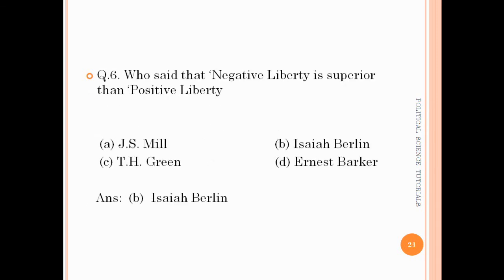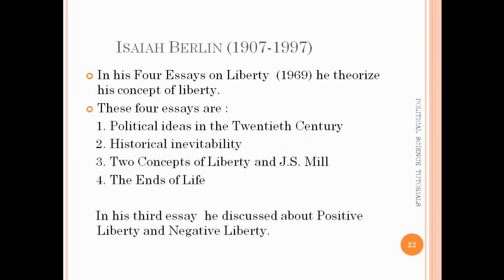Question number 7. Who said that negative liberty is superior to positive liberty? J. S. Mill, Isaiah Berlin, T. H. Green, or Ernest Barker. Here the answer is Isaiah Berlin. Isaiah Berlin, in his book Four Essays on Liberty, written in the year 1969, theorized his concept of liberty.